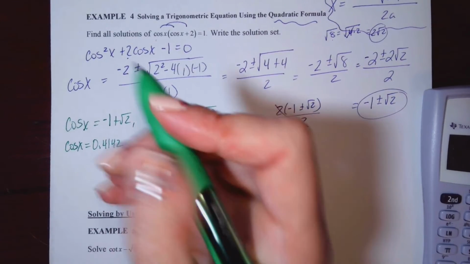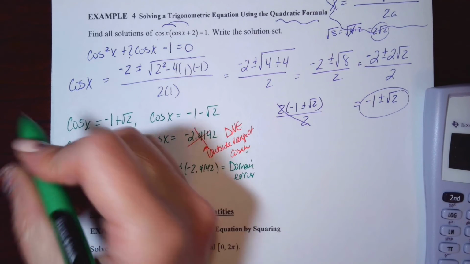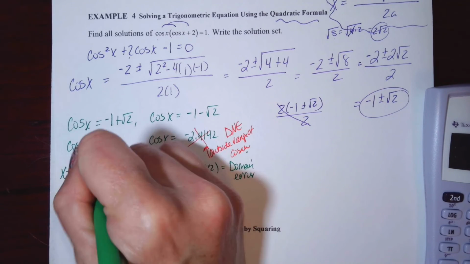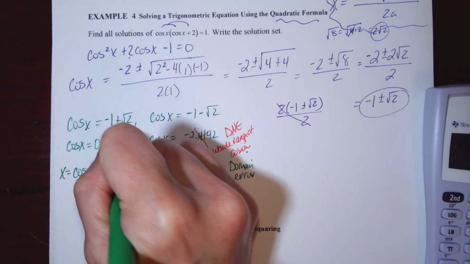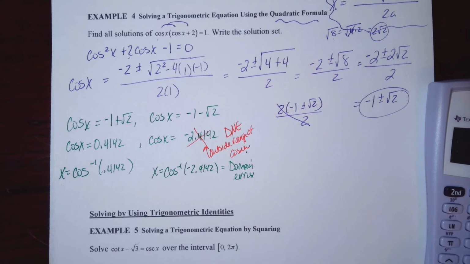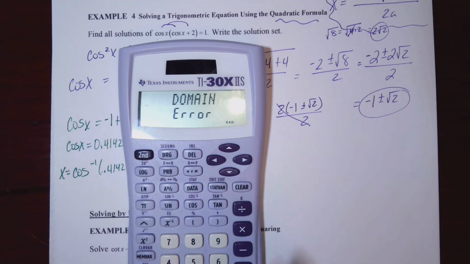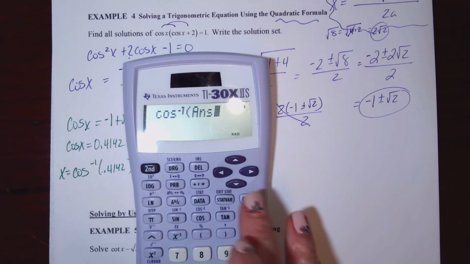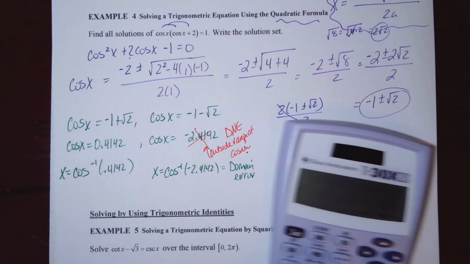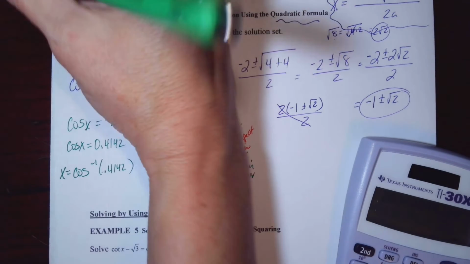This one's going to work though. This one is fine. That's between negative 1 and 1. So x equals the angle whose cosine function value is 0.4142. So let's do that. Let's clear this. Should we be in radians or degrees? It's not telling me, so we're going to do radians here.